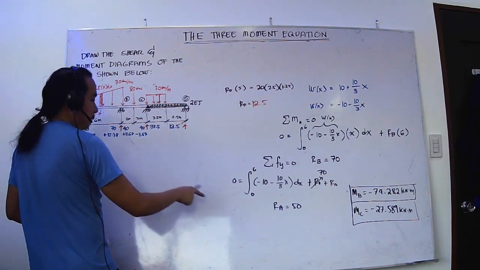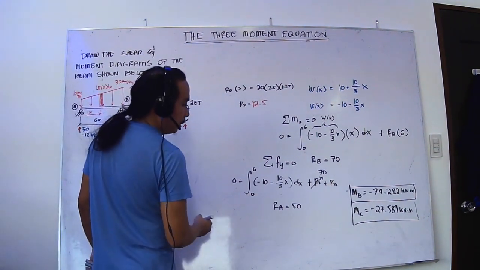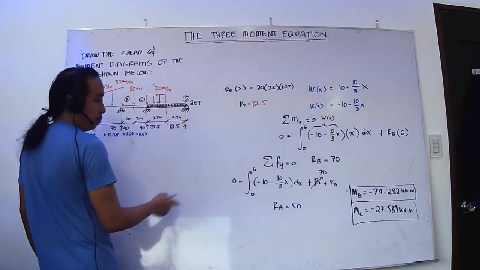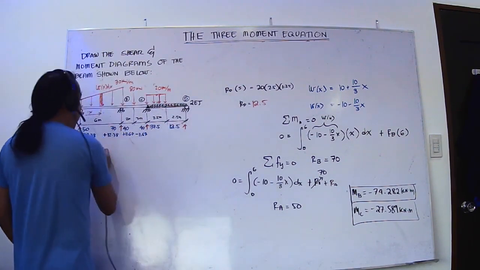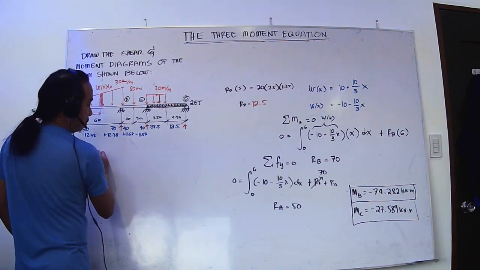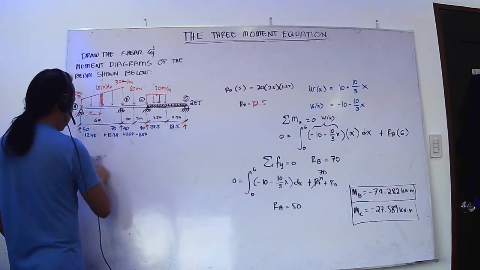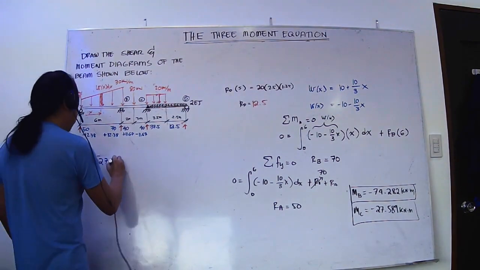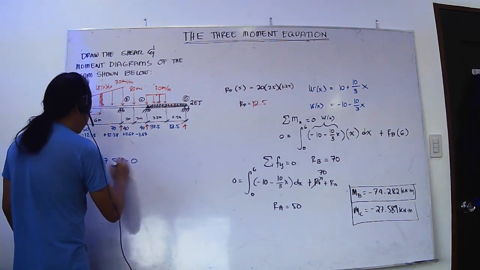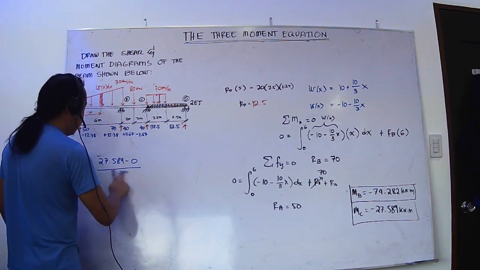We have 27.589 versus 0. So that basically means this is 27.589 minus 0 divided by 5, okay?